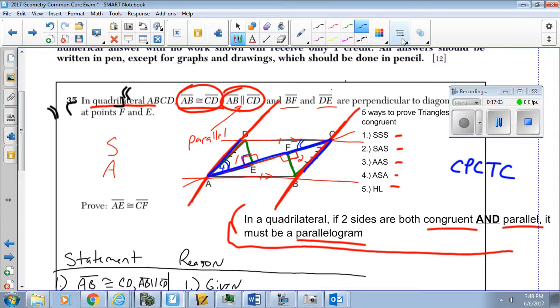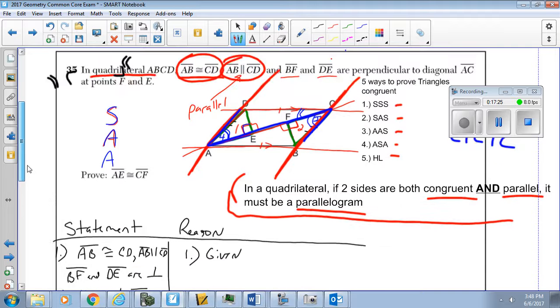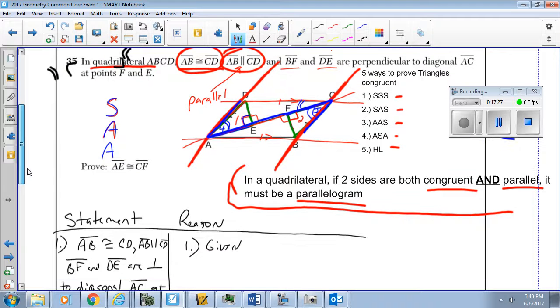It should have been this angle in here and this angle over here, angle 3 and angle 4. So now we have angle, angle, side. You could say AAS or SAA, either way, we have enough to say that those two triangles are congruent.